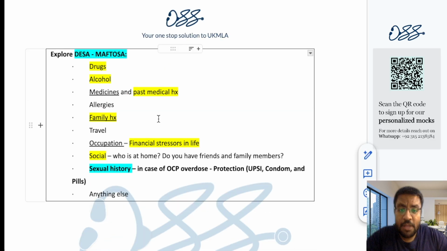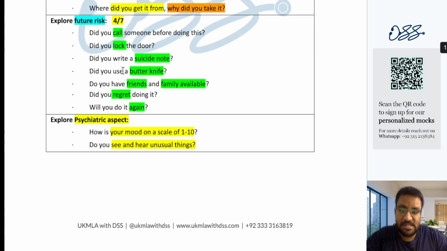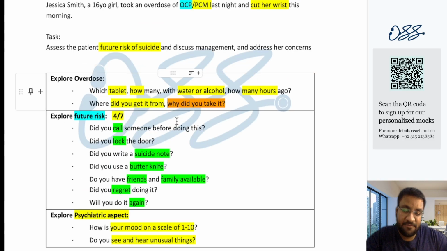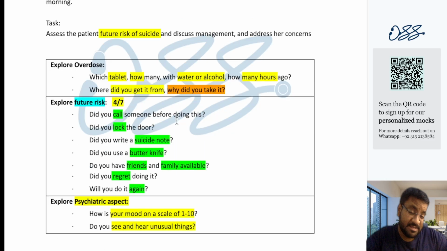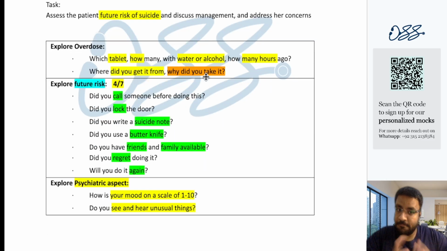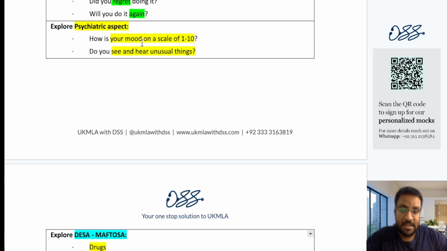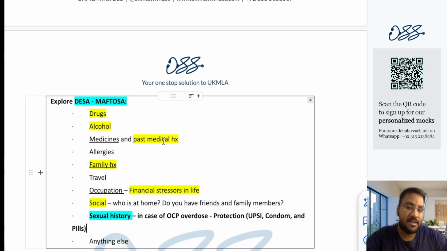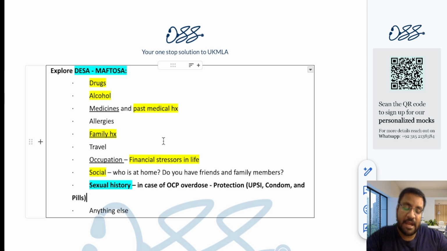Okay, so this is how you're going to go about it. This is how you're going to assess and find out whether or not a patient is at a higher risk of suicide: exploring the dose of the overdose, exploring the drug, future risk, psychiatric aspect, and the risk factors that may have led to that particular situation.